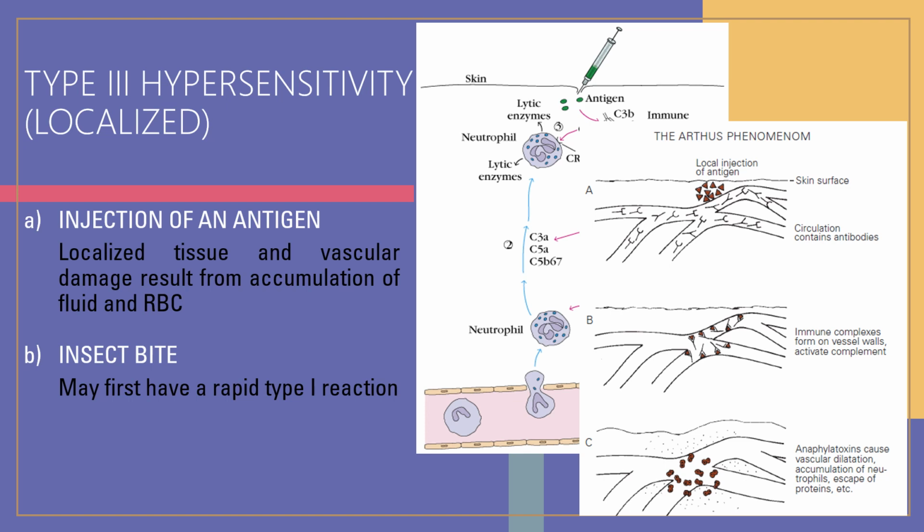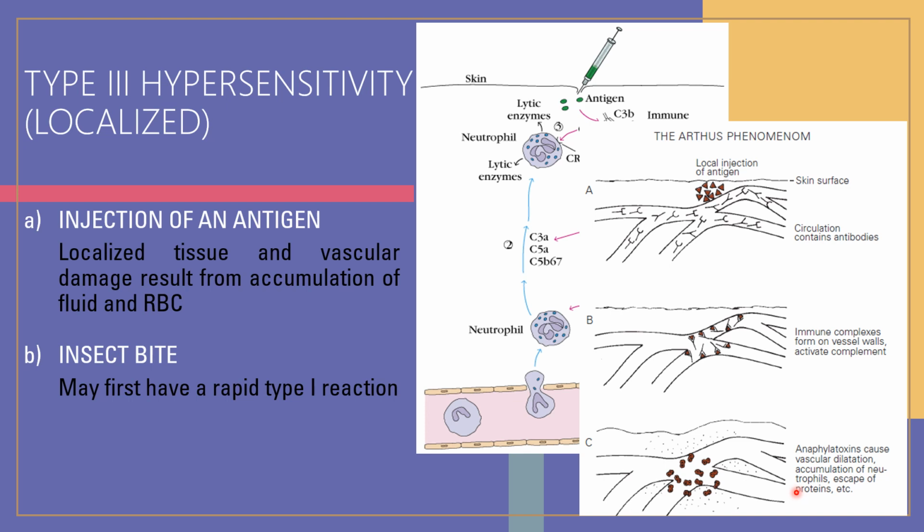So they will cause degranulation of inflammatory cells, and this degranulation will result in release of C5a or C3a. So these anaphylatoxins will cause vascular dilation, accumulation of neutrophils, and increased vascular permeability.